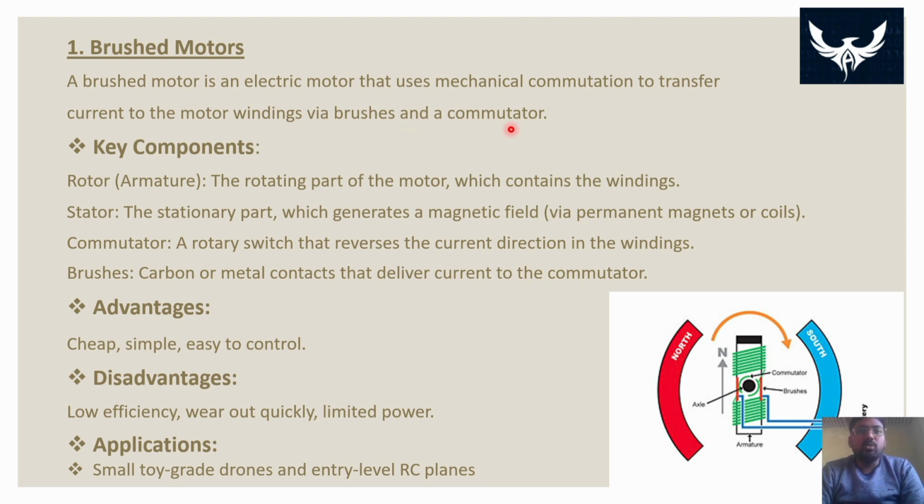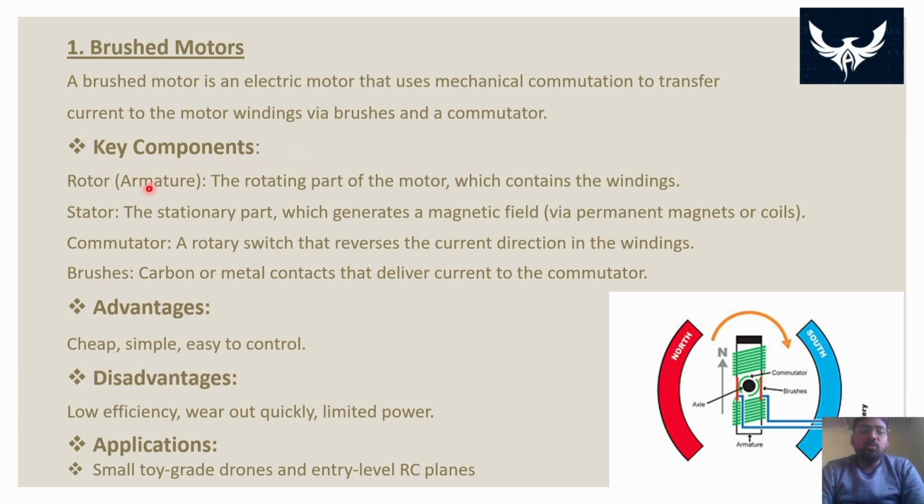So in the brushed motor, we use brushes and a commutator to transfer current using mechanical commutation. This brush and commutator transfer our current to the motor winding.